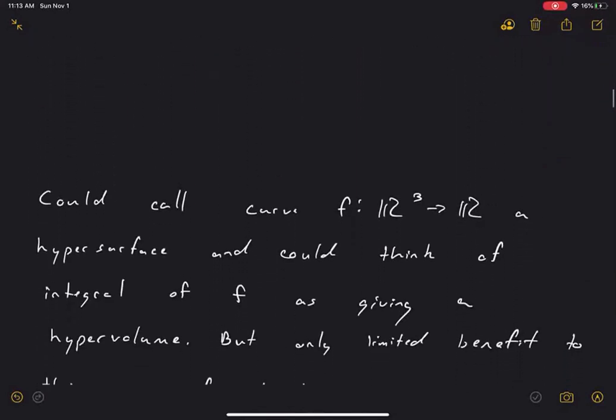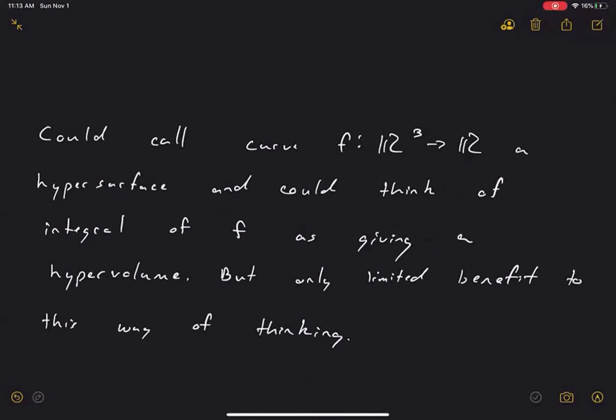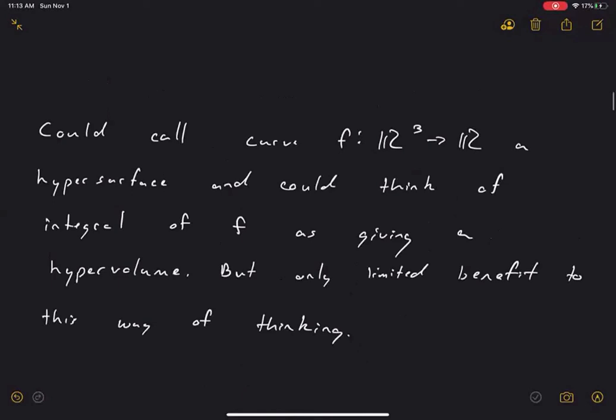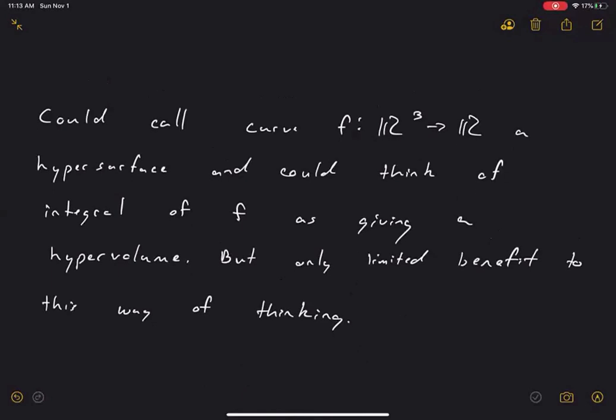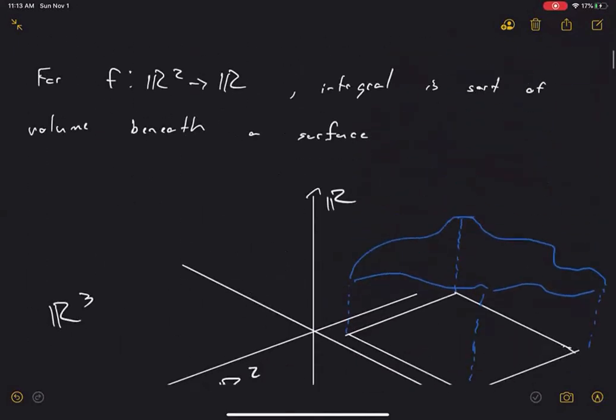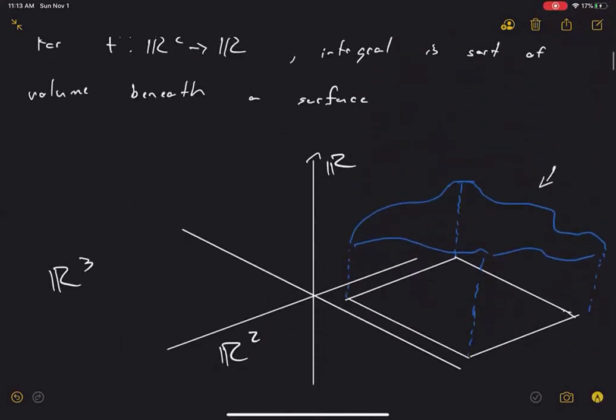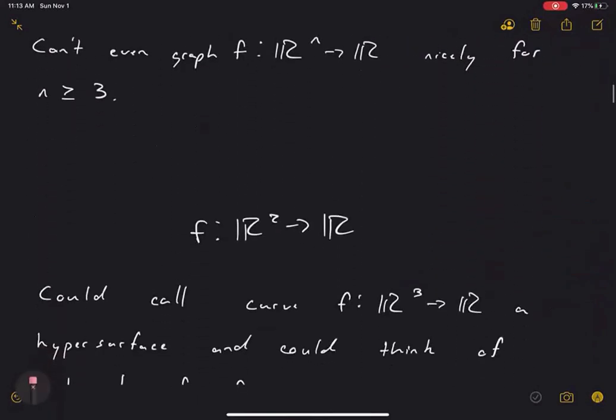Now, we could use the terminology from our previous sections and extend it to higher dimensions. When I had a function from R2 to R, the graph, which was something like this, that blue surface, we called a surface.